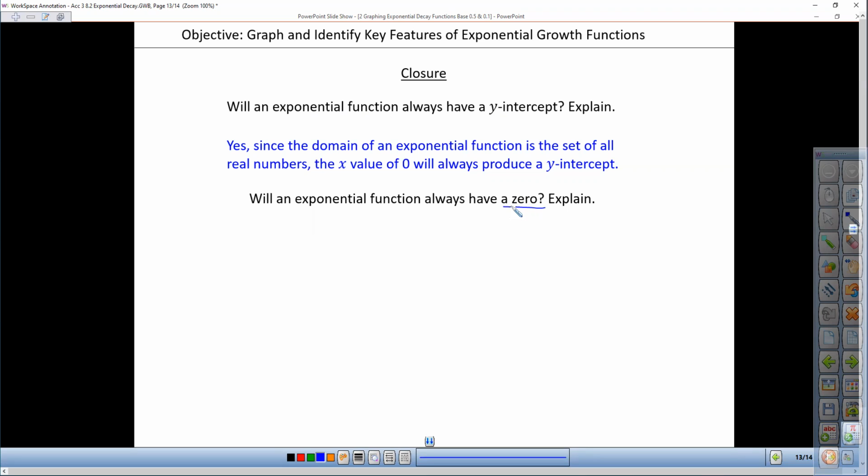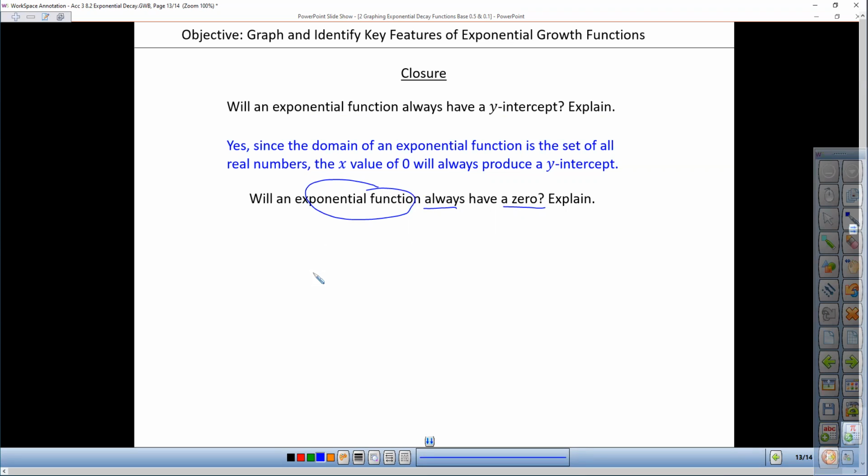So if a certain type of function is guaranteed to always cross the x-axis, then it will always have a 0. If it will sometimes cross the x-axis, then it will sometimes have a 0. And if we know that type of function will never cross the x-axis, then we know that there will never be a 0.